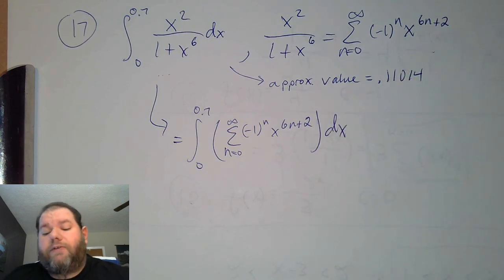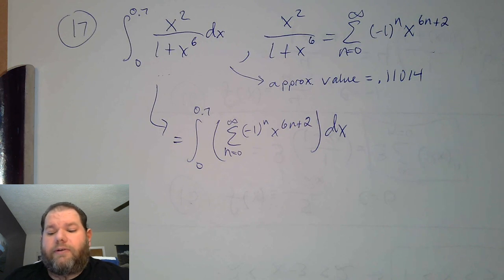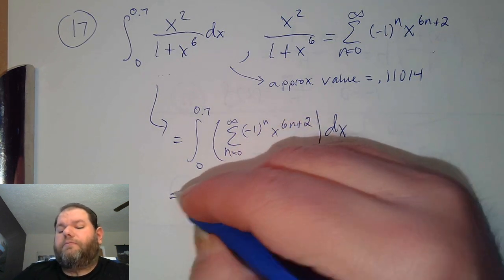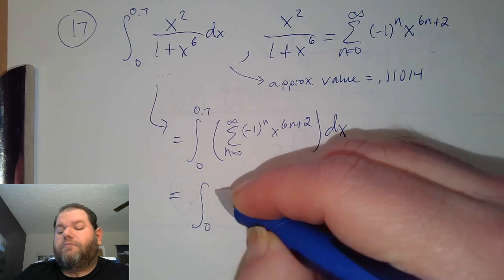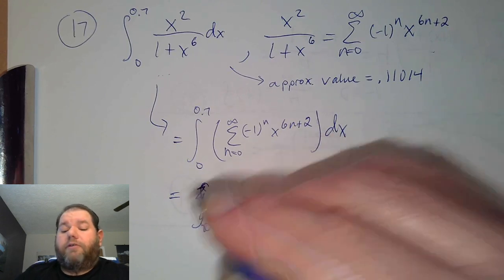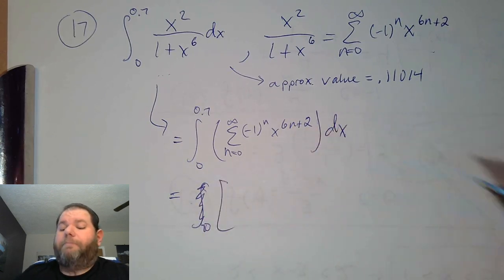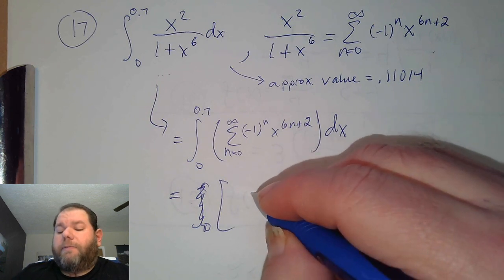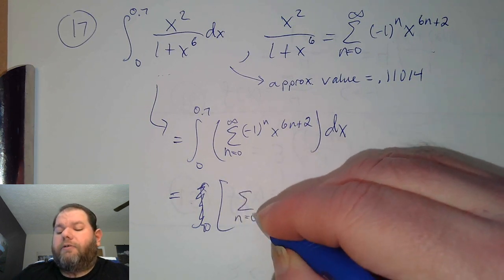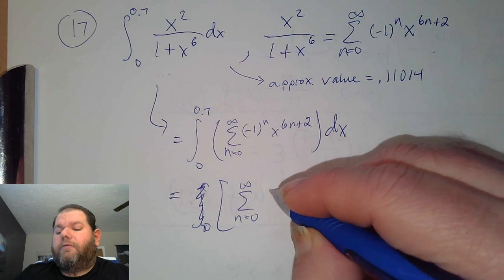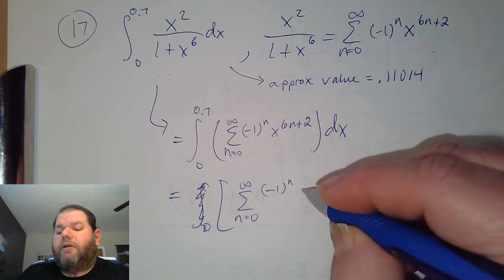So we have to integrate the power series, which is ultimately what we're trying to do here. For integrating, we don't need that. New bracket. Here we go. So we integrate the power series, n equals 0, infinity, of negative 1 to the n.